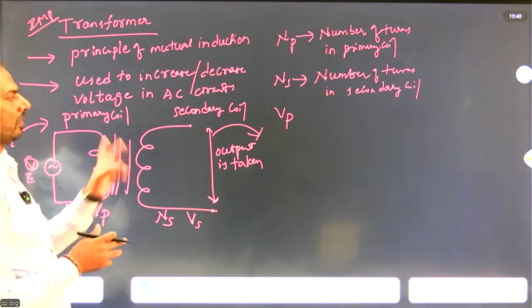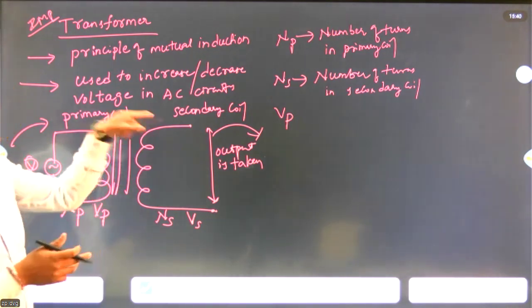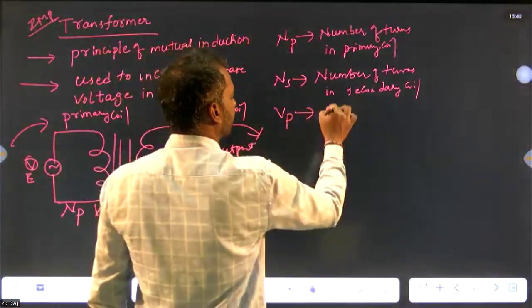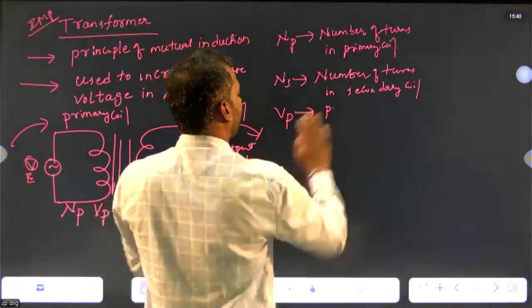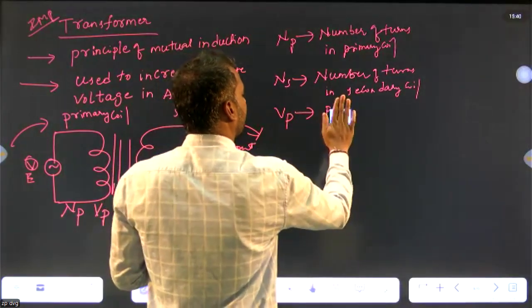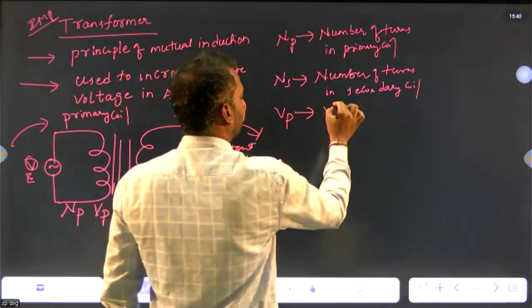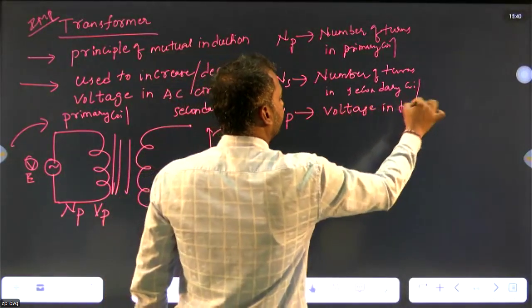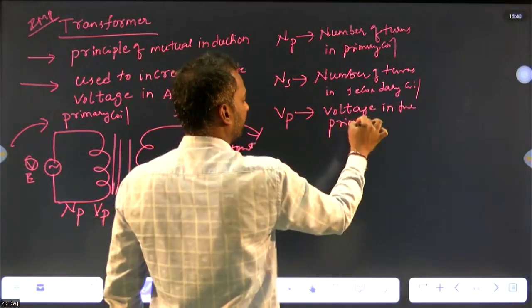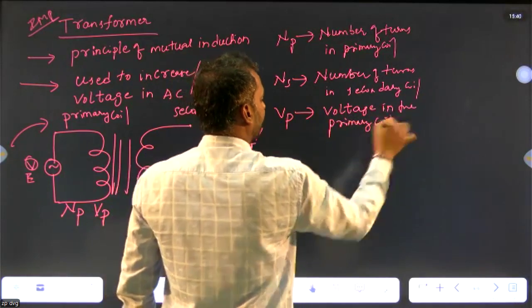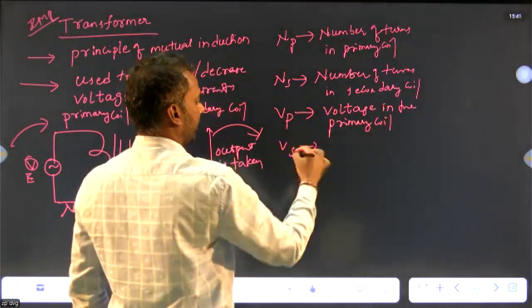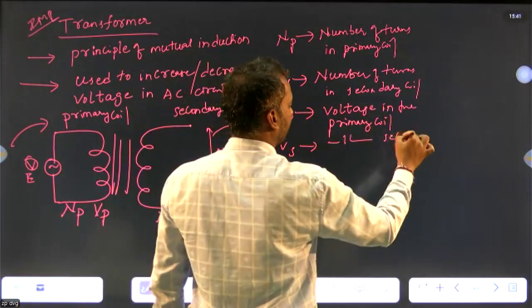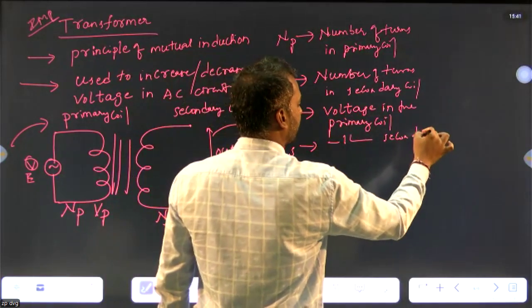VS means voltage in the secondary coil, or voltage across the secondary coil, or output voltage.